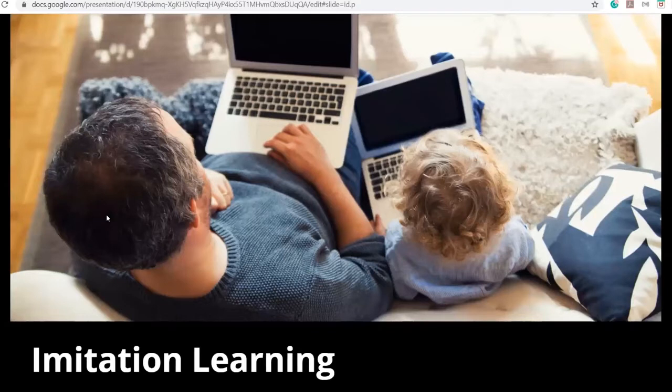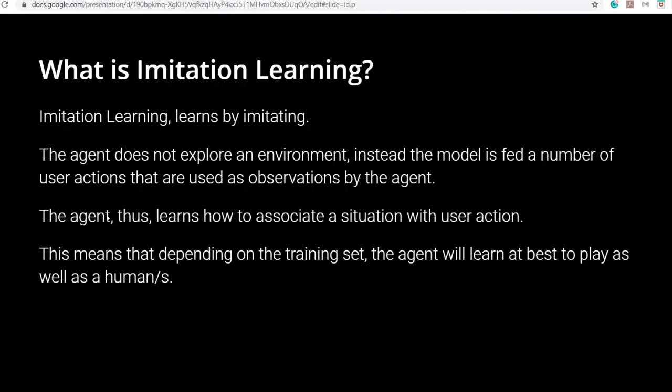Which brings me to my next set of models, techniques, which are called imitation learning. Imitation learning, sometimes referred to as apprenticeship learning, which you might also find as reverse reinforcement learning or behavior cloning, is a set of techniques and models that learn through observation.